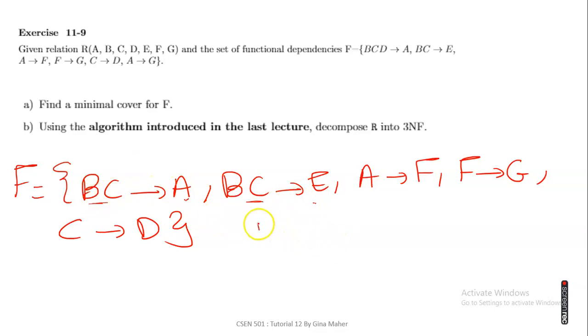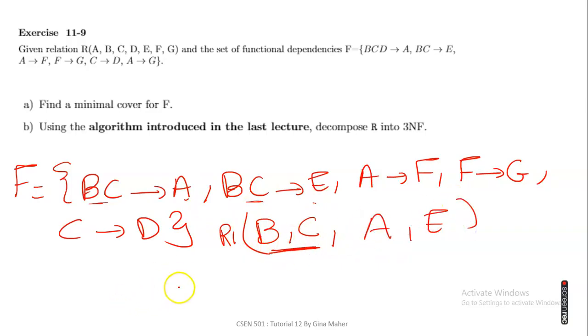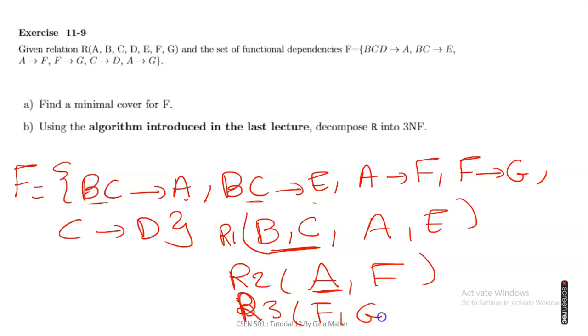So the first one will be B, C, which have A and E. Both are primary key. The next one, A, F, where A is a primary key. The next one will be F and G. F is a primary key. And the last one are C and D, where C is a primary key.